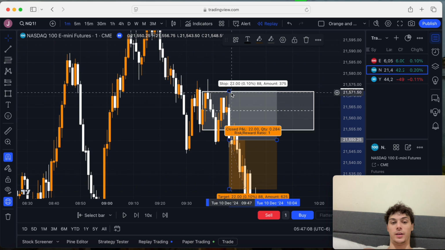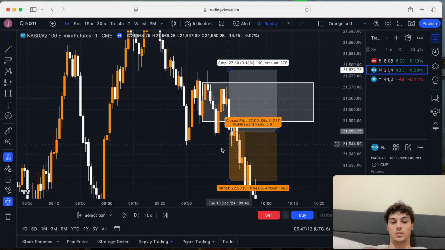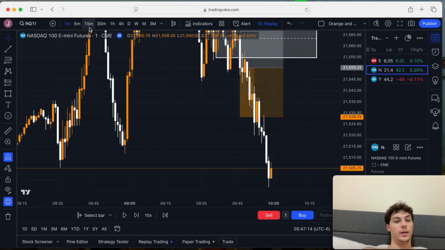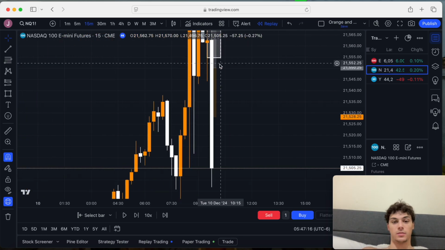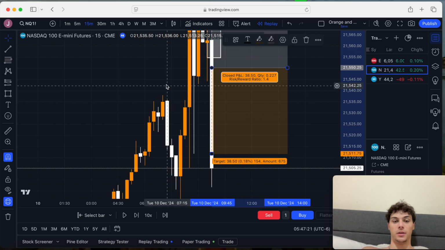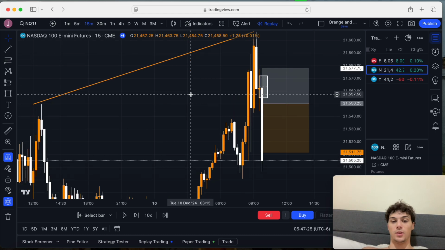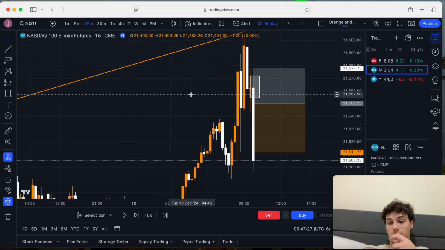You would have gotten in right here, and then targeted the 15-minute, and bam, that would have been your trade. You took this because there was an SMT divergence. You took this because there was an order block for another confluence.